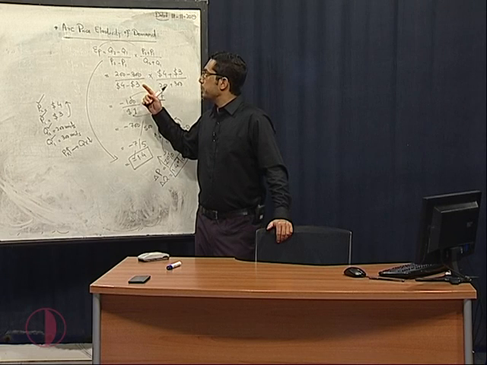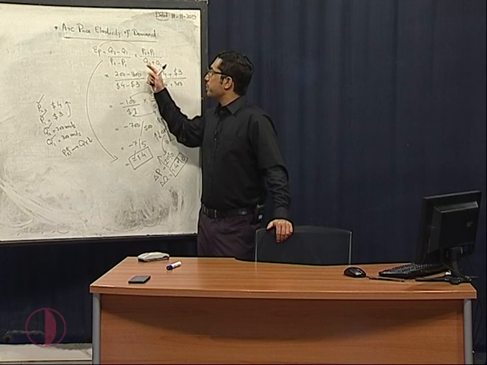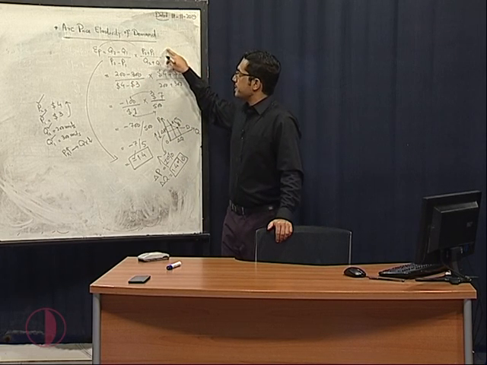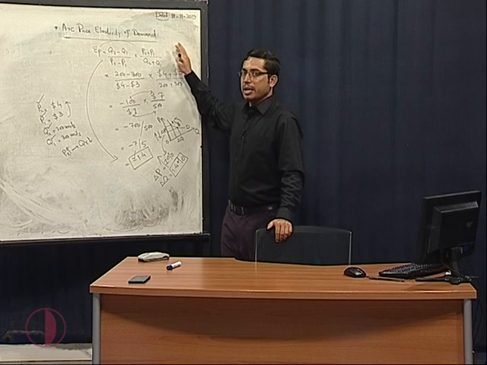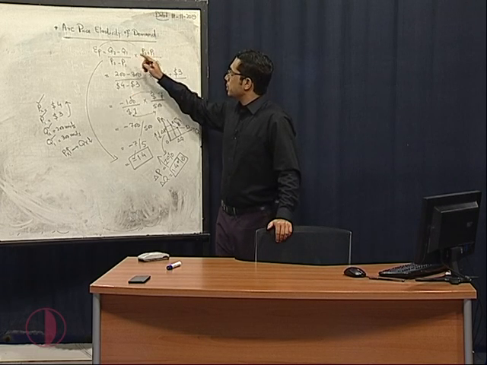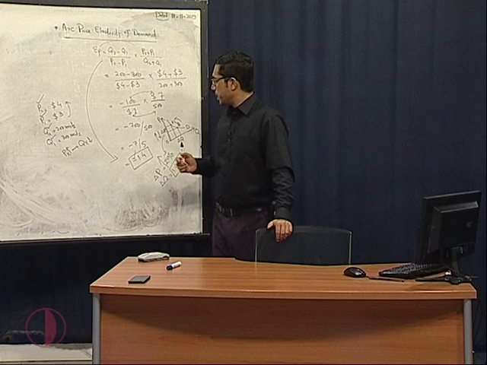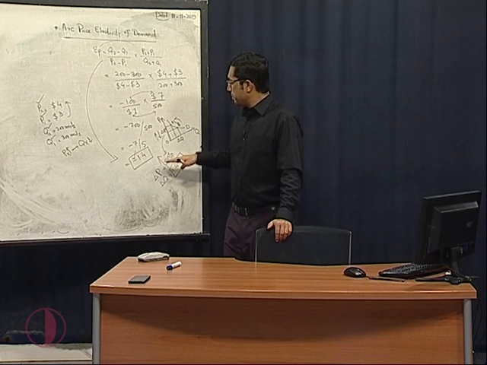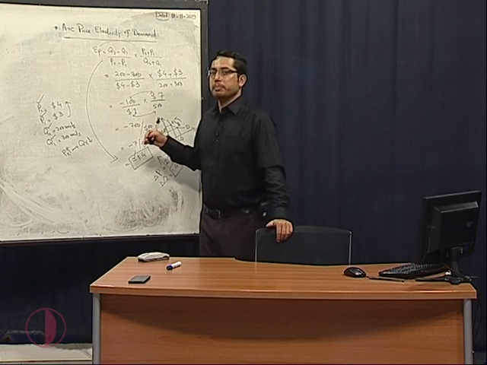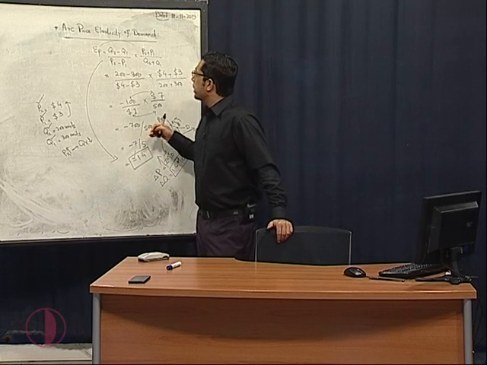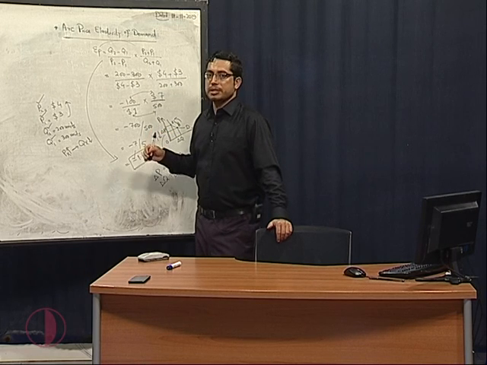This means we are using the averages of both prices as well as quantities in this formula. So the arc price elasticity of demand formula is able to solve the problem caused by the point price elasticity of demand.